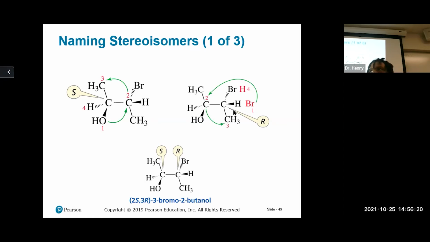So this one is R. So this is S, this is R. So 2S, 3R.